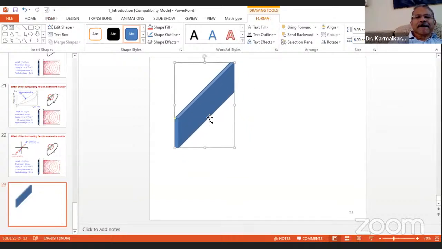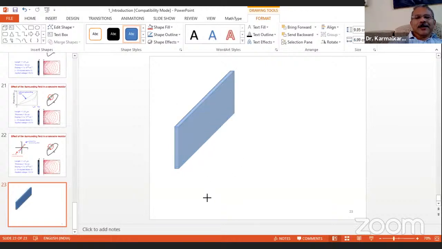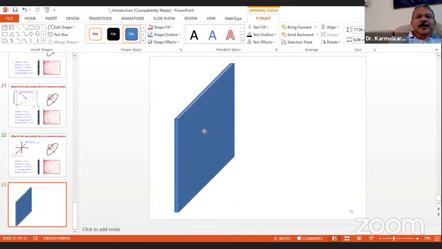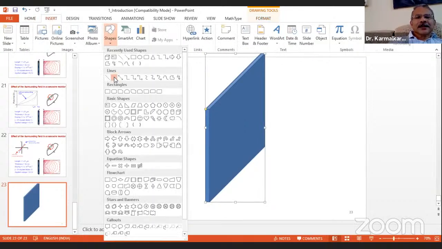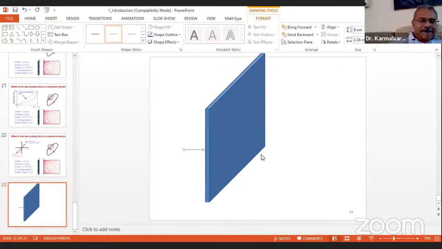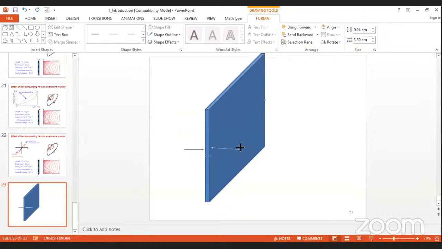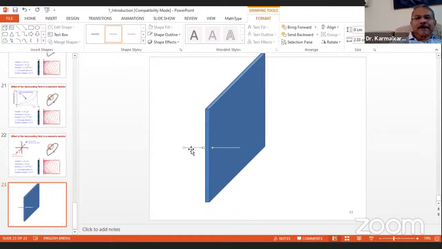So this is like a sheet. Now you can see, here the confinement is like this, in this direction and in this direction. So confinement is like this.